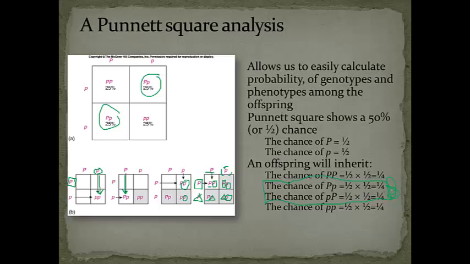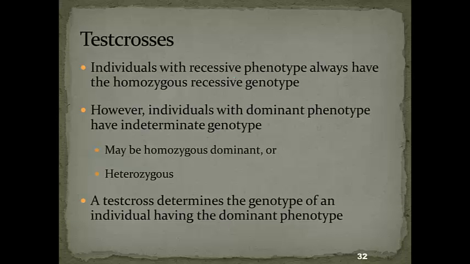So a quarter plus a quarter equals a half. So a 25% chance of homozygous dominant, 25% chance homozygous recessive, and a 50% chance of heterozygous. And that would be our 1 to 2 to 1 ratio. Now what's kind of cool is by looking at Punnett squares, we can also figure out what's going on.